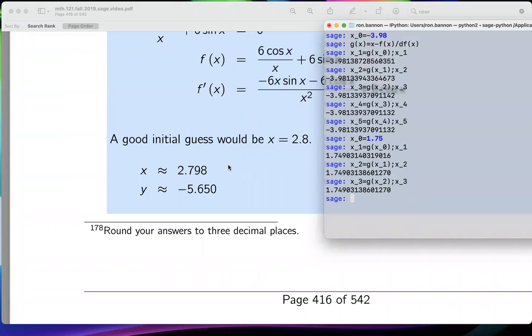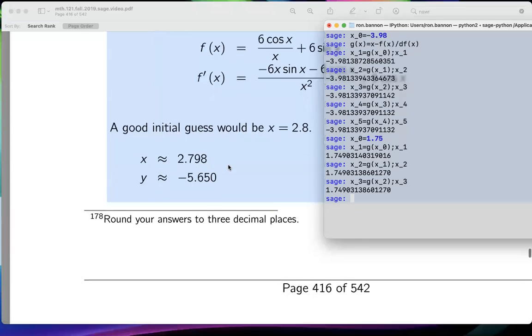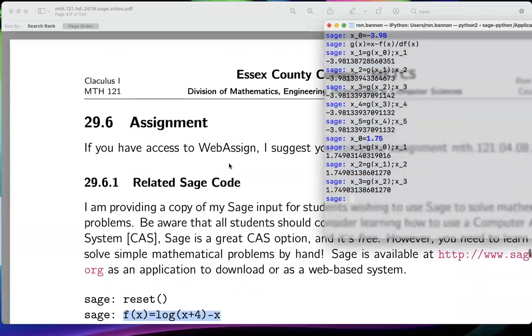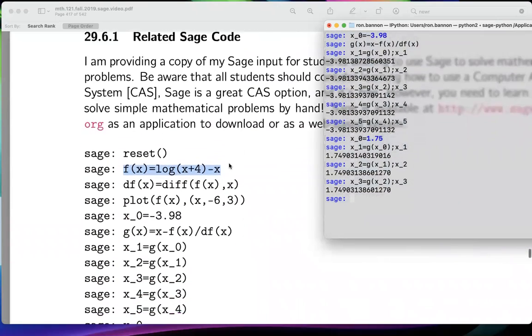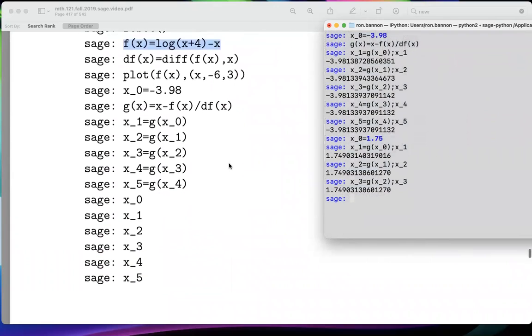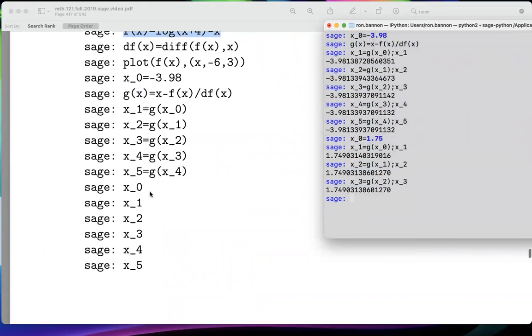I'm sure they use some spiffy numerical analysis to figure these problems out. But the bottom line is, you know some numerical analysis. And what's that? You know Newton's method now. It's a numerical technique. All right. So over here, I did something similar. The only difference is I'm displaying the variables right after I do it.